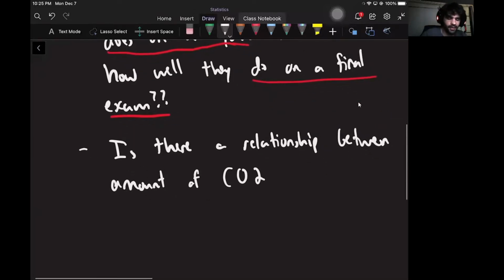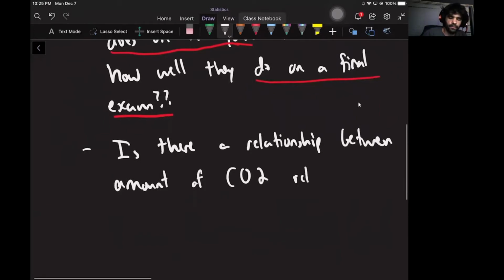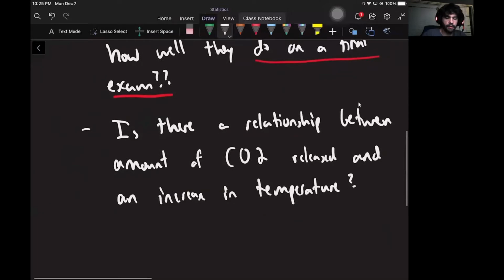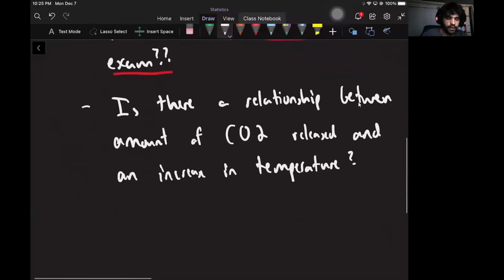This has been studied a lot, and there is a relationship between these two.